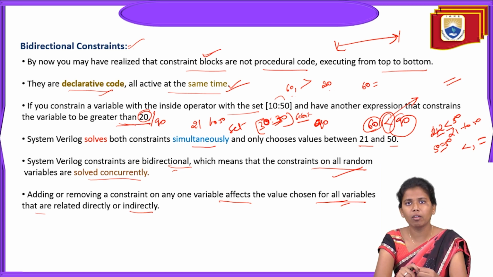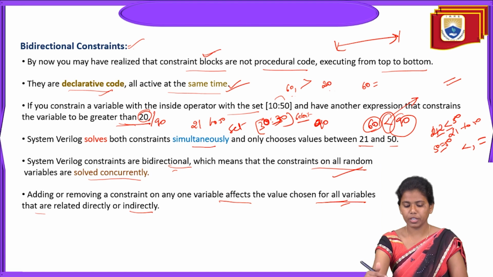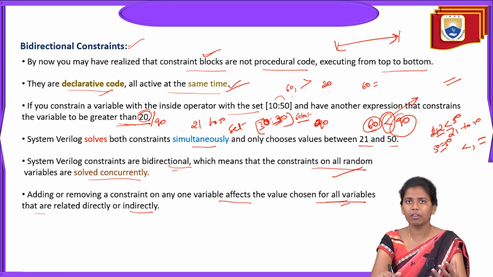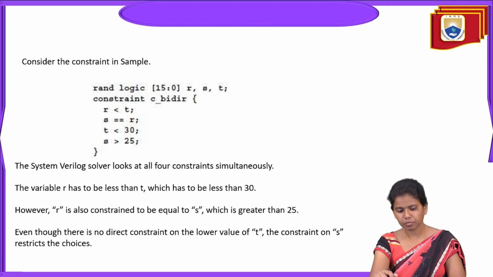If you are adding or removing any variables, it is going to have a negative effect on all the given expressions, directly or indirectly. Directly we can affect the expression, or indirectly we affect the variables.